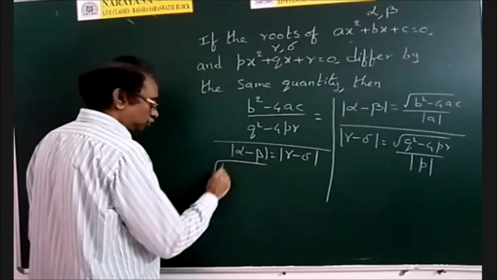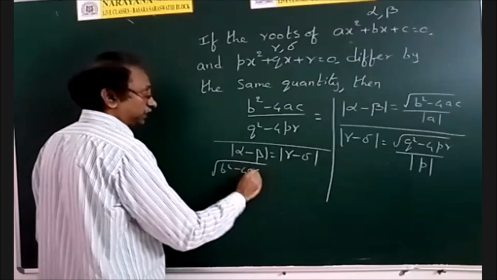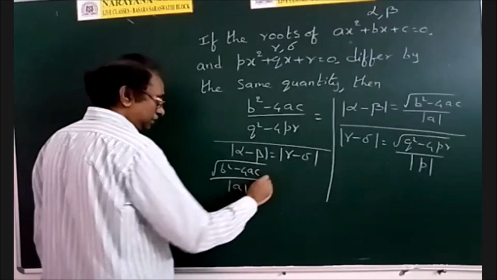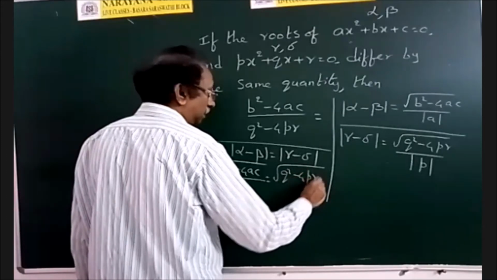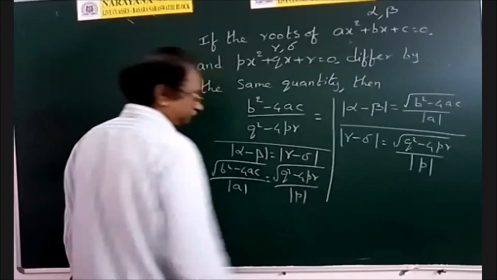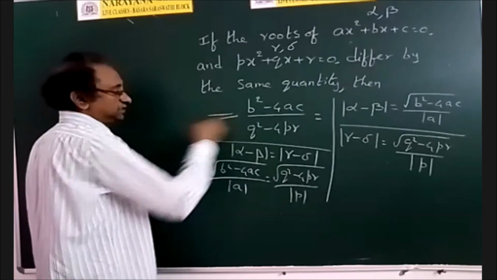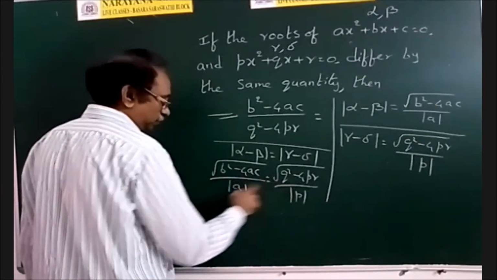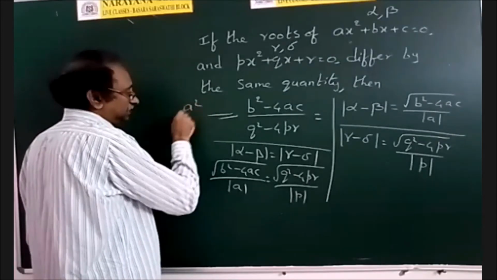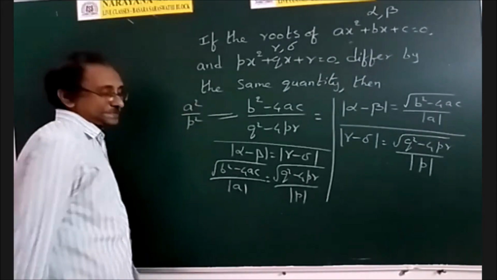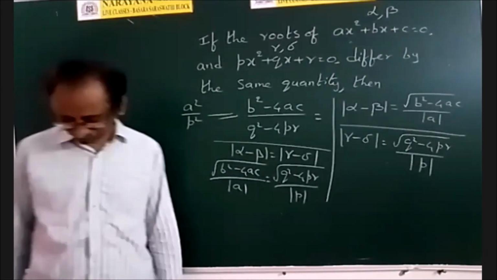That is, root b square minus 4ac by mod a is equal to square root of q square minus 4pr by mod p. So by squaring on both sides and cross multiplying, you will get a square by p square. Okay.